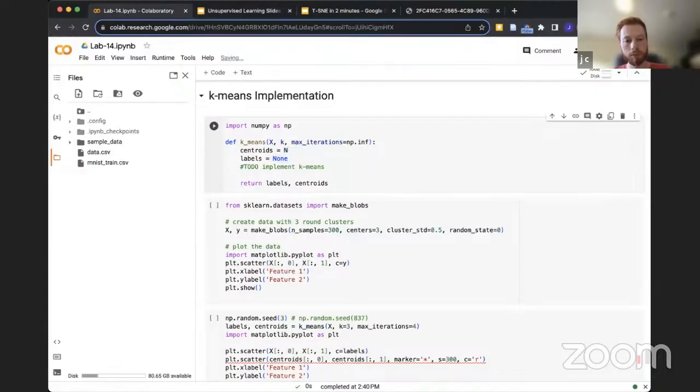Those centroids are none in the beginning. What is the first step in our Lloyd algorithm? Okay, we pick K random centroids and we start.